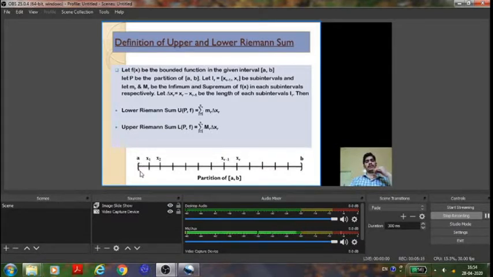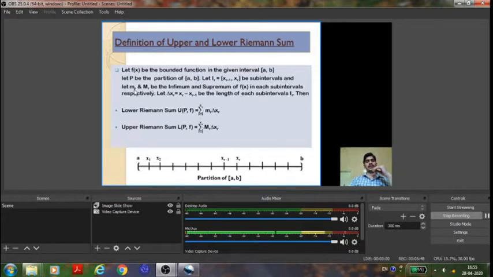The interval a b is divided into some n number of subintervals. You can see that a comma x1 is a subinterval, x1 comma x2 is the second subinterval, x2 comma x3 is another subinterval, like that. Let I r equal x r minus 1 comma x r be the general subinterval.